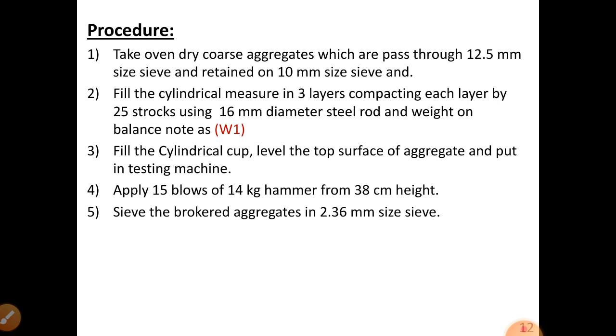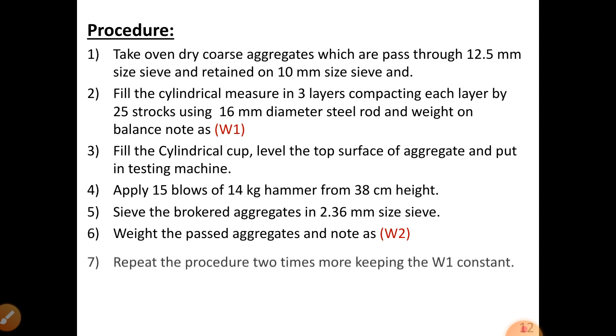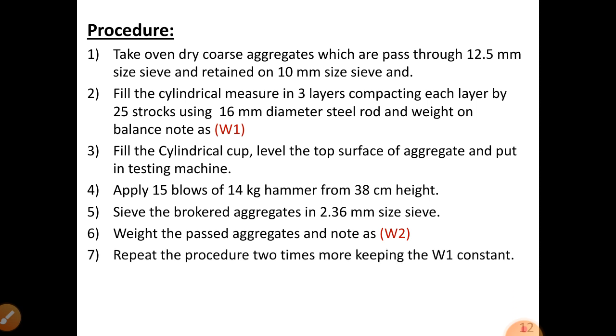Sieve the broken aggregates in a 2.36 mm size sieve. Weigh the passed aggregates and note as W2. Repeat the procedure 2 times more, keeping W1 constant.